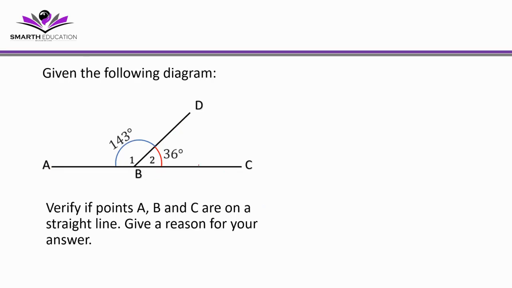Given the following diagram, verify if points A, B, C are on a straight line. Give a reason for your answer. Right now, we are going to add angle B1 and angle B2. Angle B1 plus angle B2 is equal to 143 degrees plus 36 degrees, which is equal to 179 degrees.